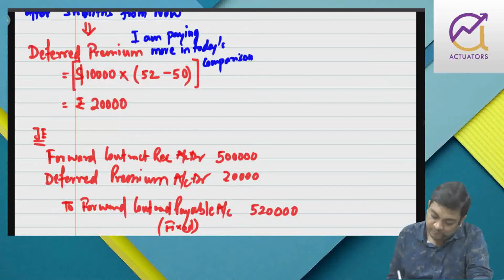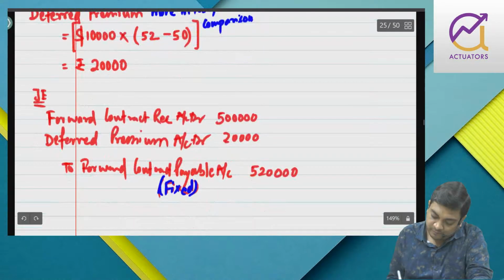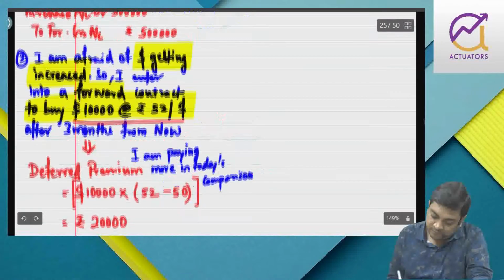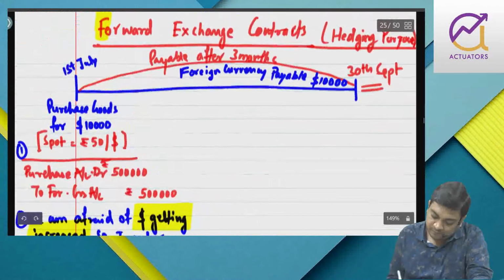You buy at a fixed rate, sell at the then spot rate. Simple. Buy at the fixed rate, sell at spot. Is that fine?